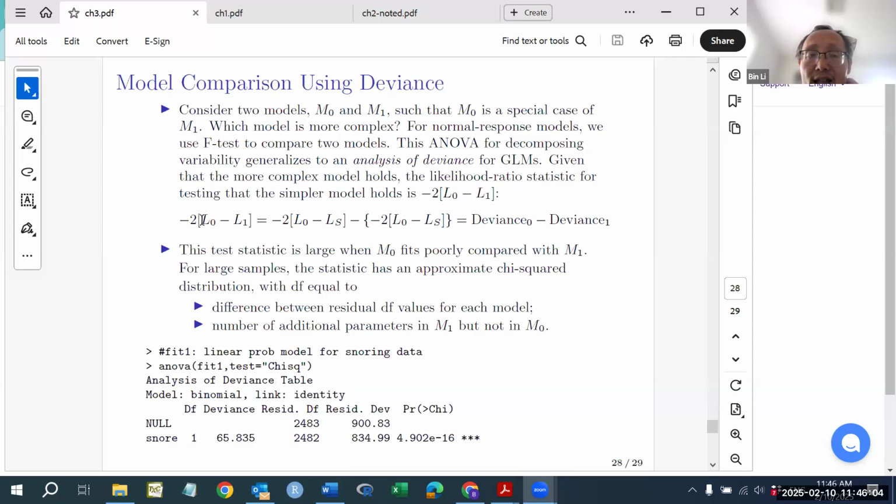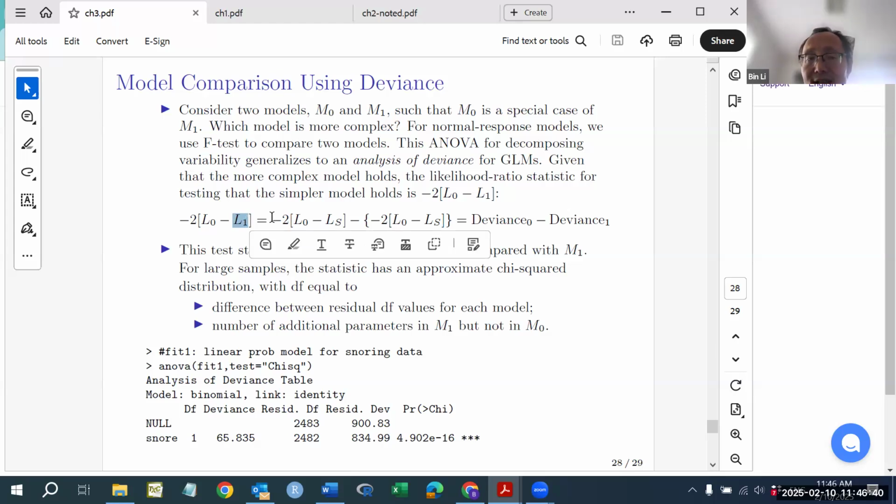Why? Because if we have two models, let's say model 0 and model 1, both of them not saturated, we can still do the likelihood ratio test. The likelihood ratio test statistic is -2 times the log likelihood difference, that's -2 times (L0 minus L1), the maximum likelihood value for model 0 minus the maximum likelihood value for model 1.